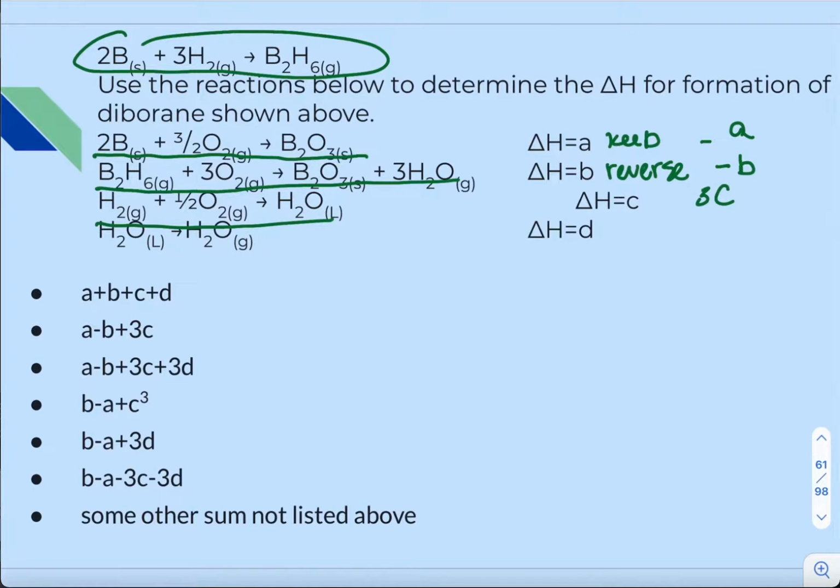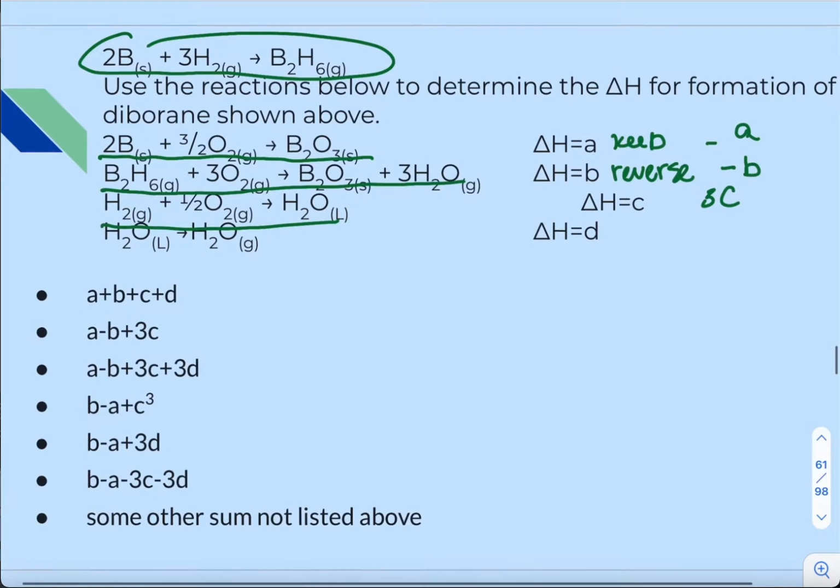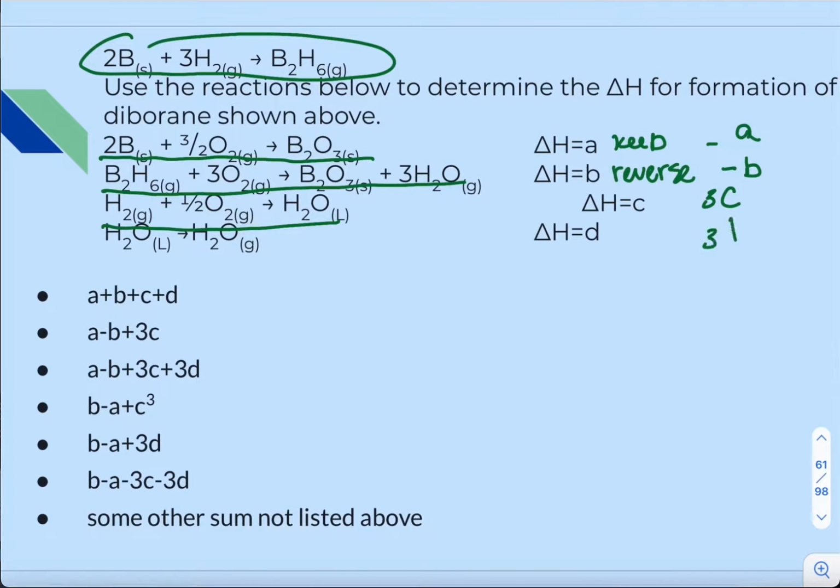So that's 3C. And then you're going to need to get rid of the 3 H2O liquid that you just did. So you're going to also want to multiply this one by 3. So that's going to be 3D. I don't know why that negative A is confusing. So it will be A minus B plus 3C plus 3D.